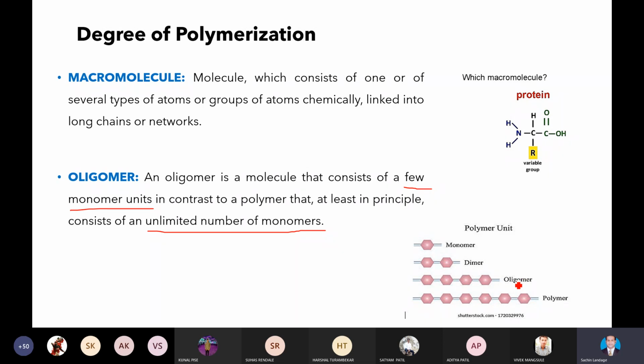During synthetic fiber manufacturing, there is a chance of oligomer formation. Almost 2 to 3% oligomers we are going to get. These oligomers create a problem during the dyeing process, because during dyeing they come out from the fiber.